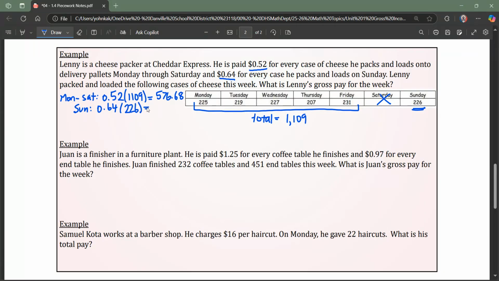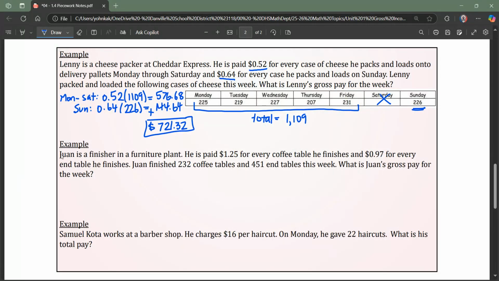So that means on Sunday, he earned $144.64. To find his gross pay for the week, I'm going to add up how much he earned in each of those. I get a total of $721.32. Not bad for a week of packing cheese.